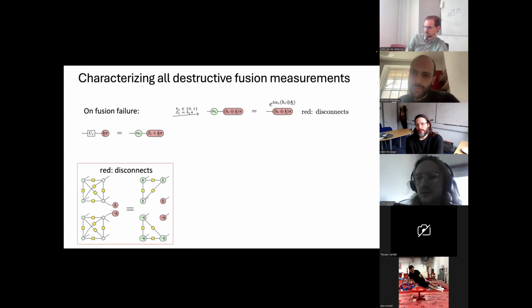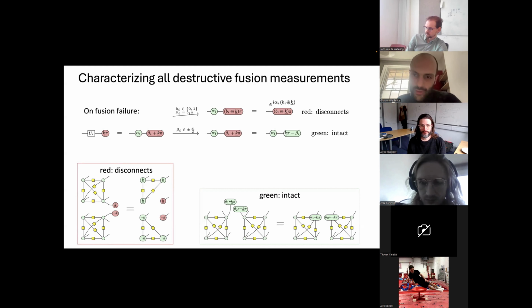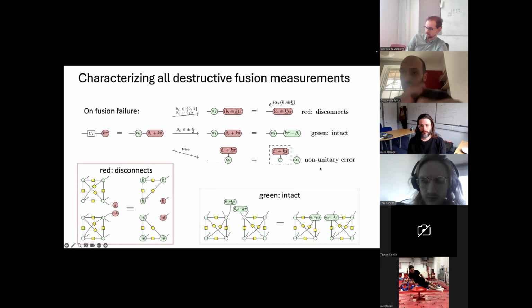The first case is that the angle beta_i here would be 0 or pi, and you get a projector onto the Z basis. The second case, you get a projector onto the X basis, and otherwise you can show that you will only get a non-unitary error.